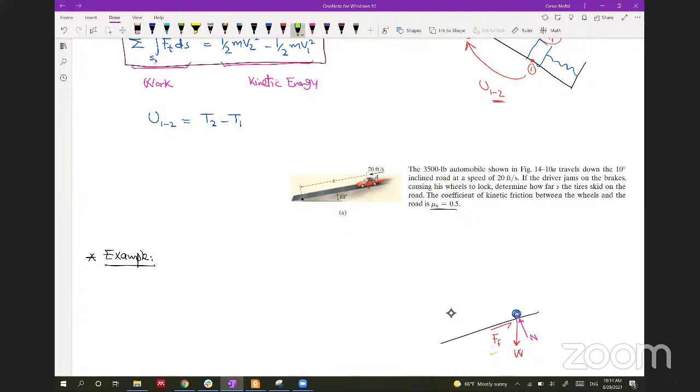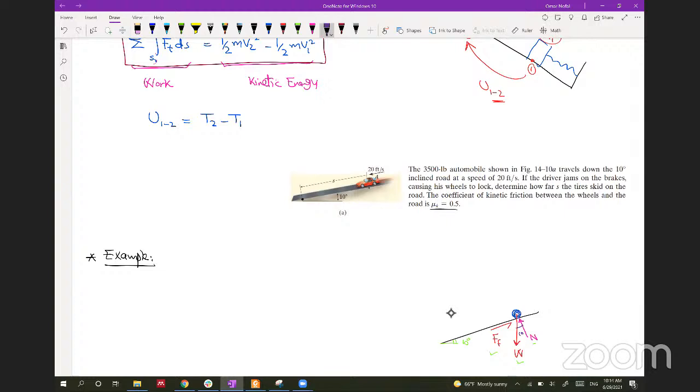A part of the weight, the component of the weight in the direction of the motion, exerts work, but the normal force is perpendicular to the motion, so it doesn't exert any work.